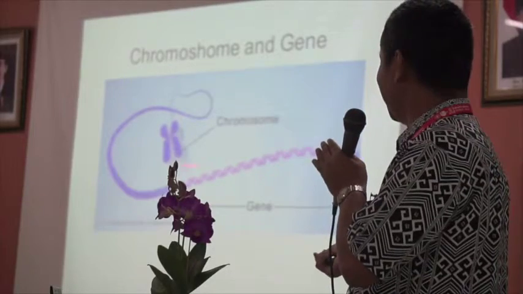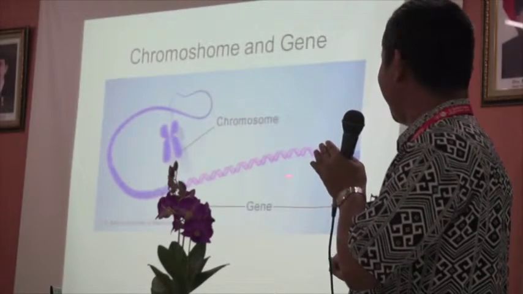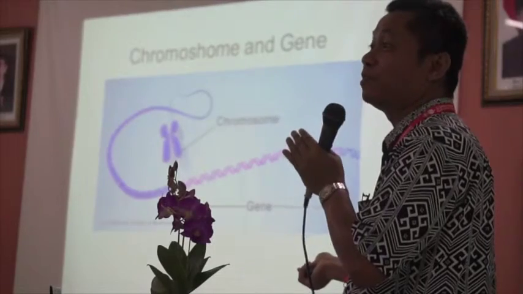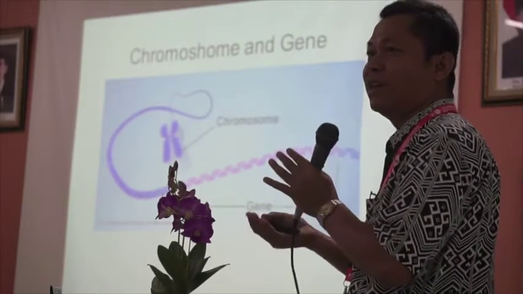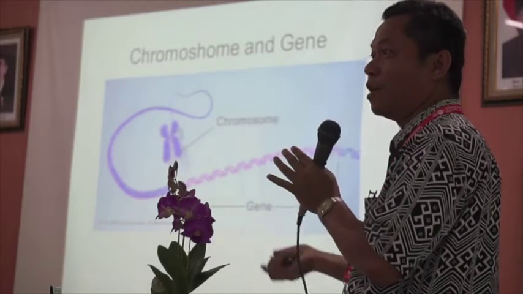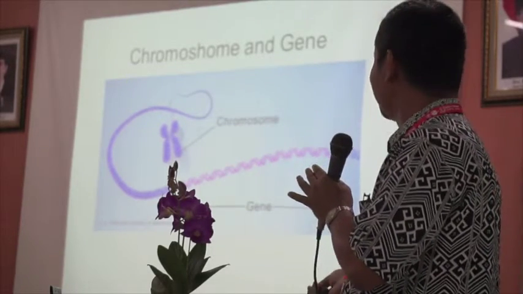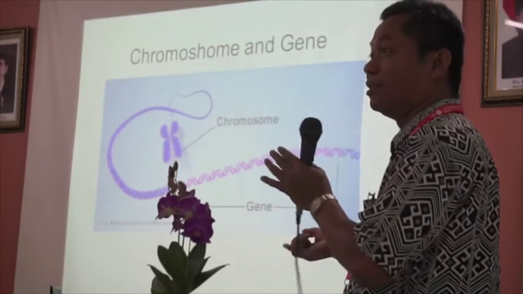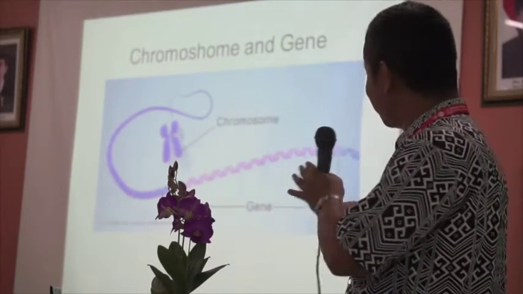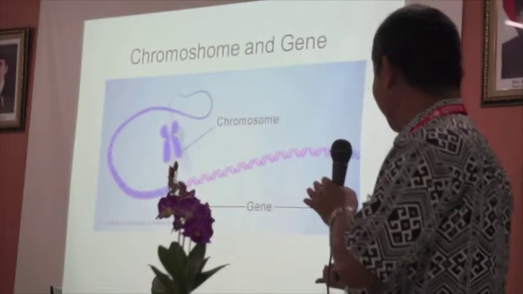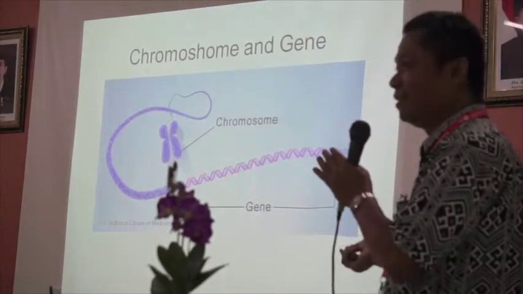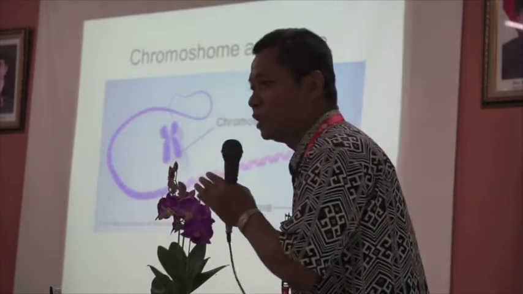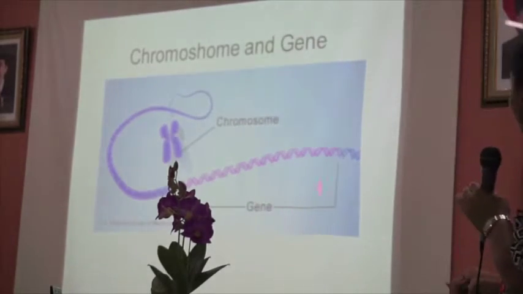A gene is a sequence of DNA that encodes special traits. For example, why is the flower red? Because the gene corresponding to the color of flowers has a specific sequence that will result in the protein that will make the flowers red and so on. So this is the gene.